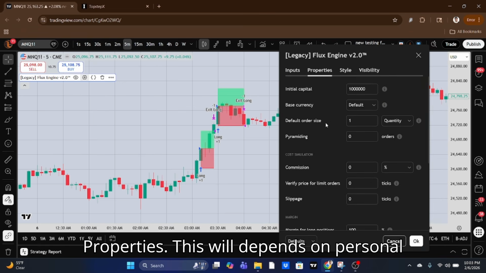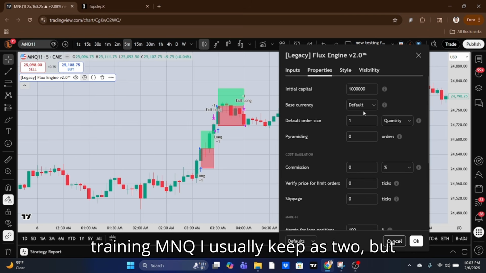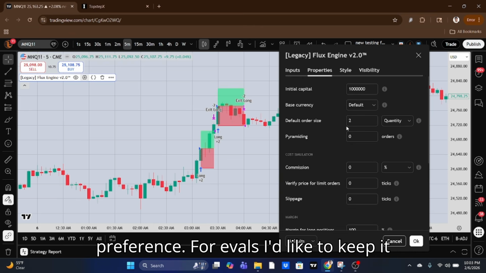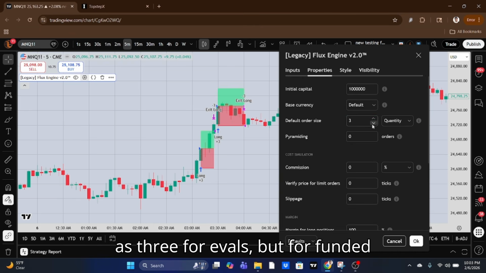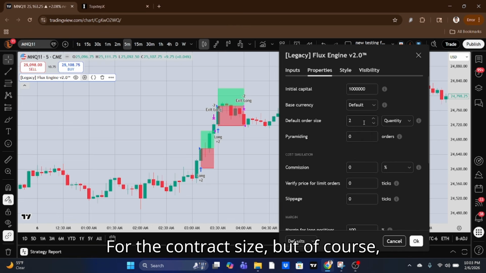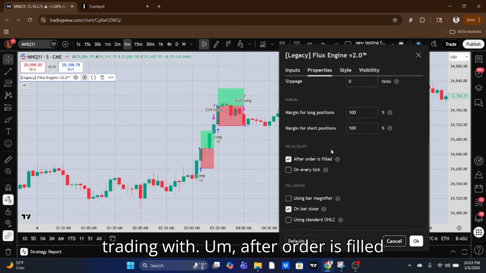Properties, this will depend on personal preference. Default order size: if you're trading MNQ, I usually keep it as 2, but this will depend on your own personal preference. For evals, I like to keep it as 3, but for funded accounts, I like to keep it as 2 for the contract size. But of course, this will depend on whatever you're comfortable trading with.